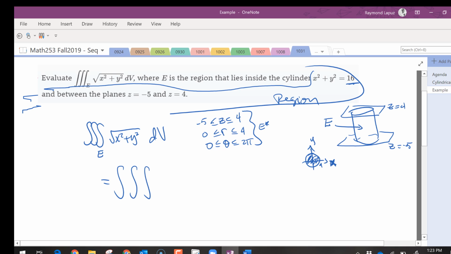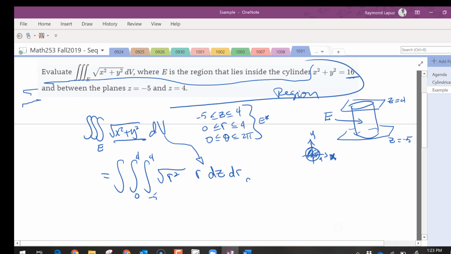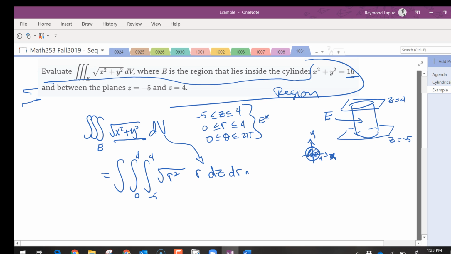Anyways, the integrand will change. x squared plus y squared is equal to r squared in polar and in cylindrical coordinates. And then your dV is going to be r. And then you have a dz, which goes from -5 to 4, and then dr, which goes from 0 to 4, and d theta goes from 0 to 2 pi.